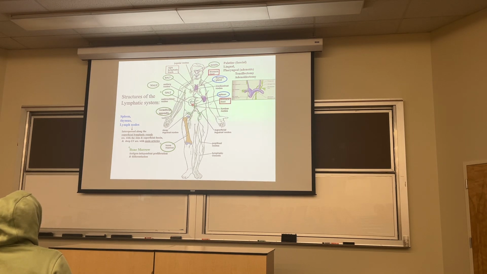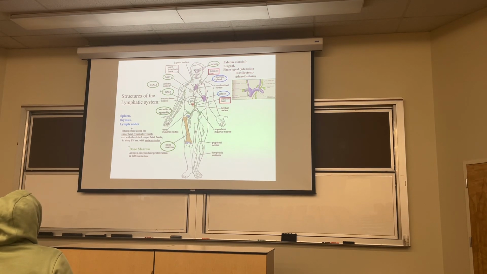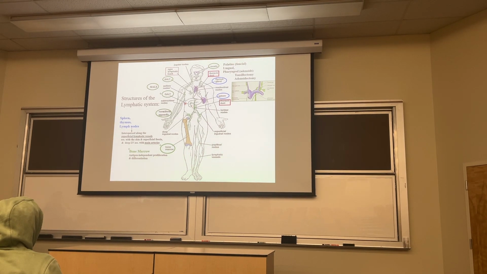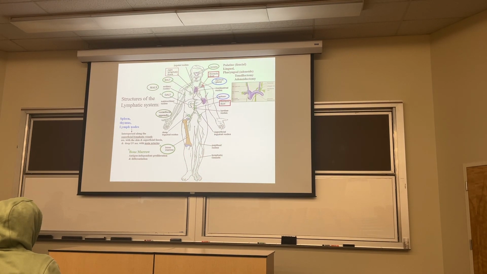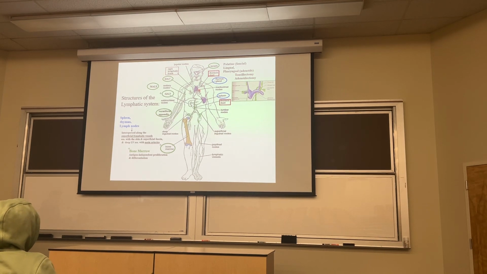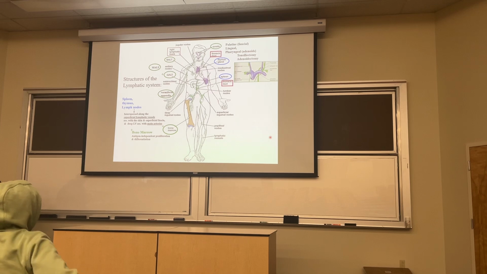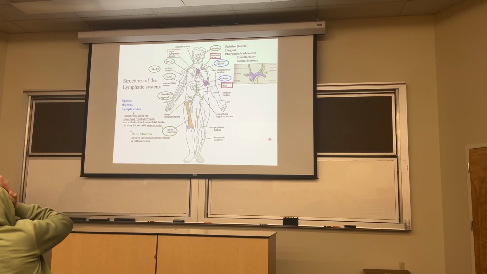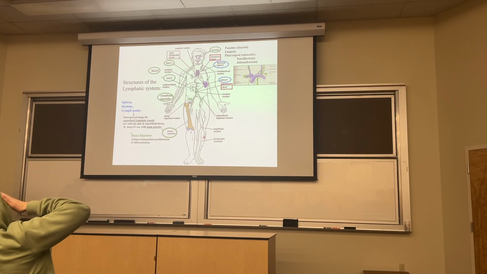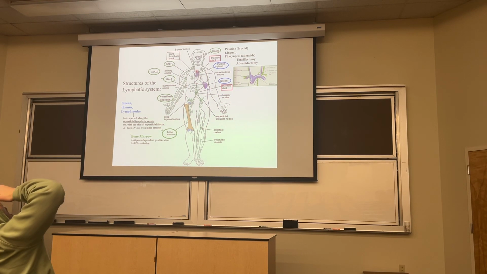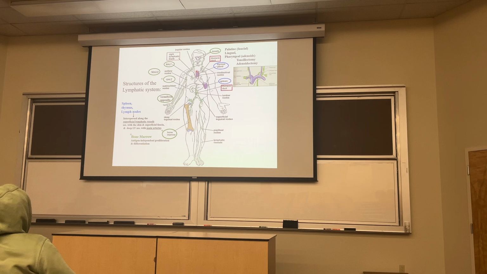And so it makes its way back, and it dumps it back finally into the thoracic duct. This is where the lymph fluid dumps back into the regular circulatory system.